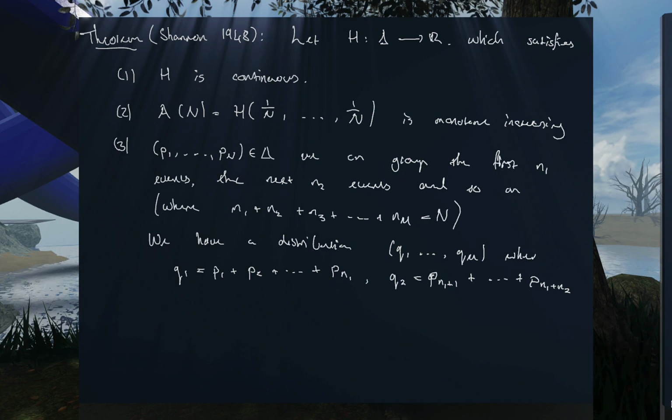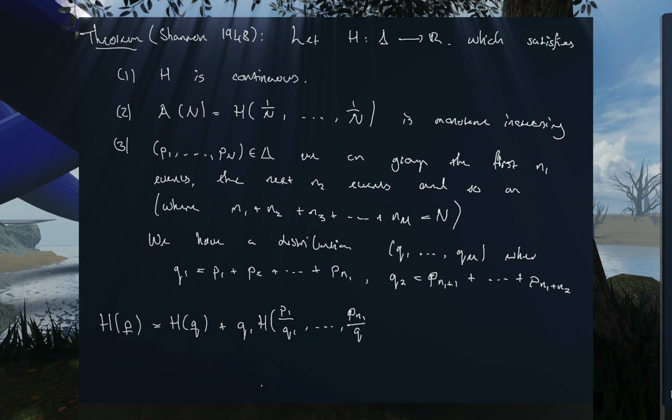And then we're going to assume that H has the following relationship between these two probability distributions. So we want, I'll just write this for the vector P, that this amount of uncertainty has to be equal to the amount of uncertainty in Q plus Q1 times H of P1 on Q1 through Pn1 on Q1, right?